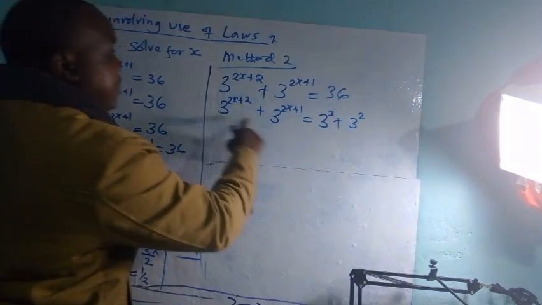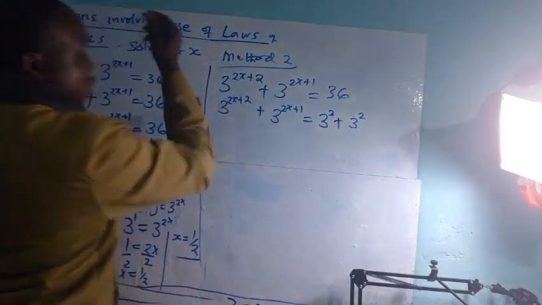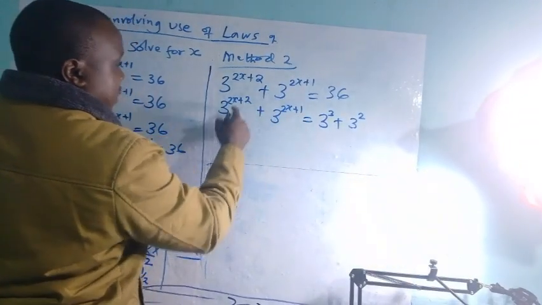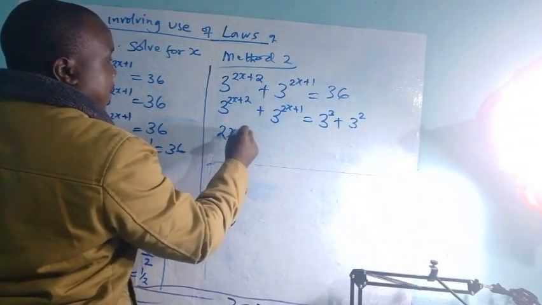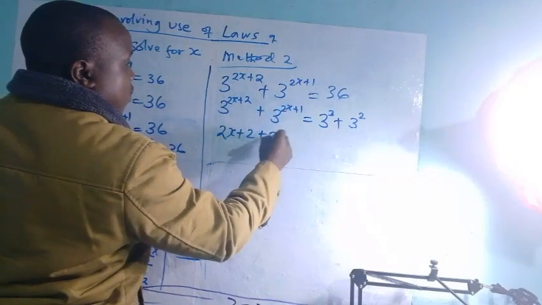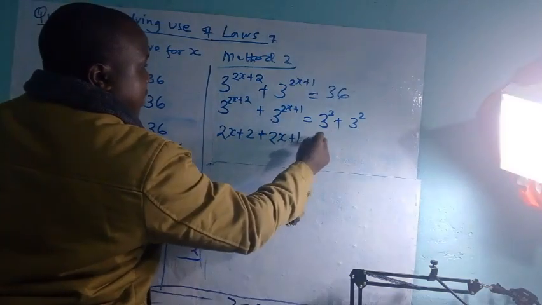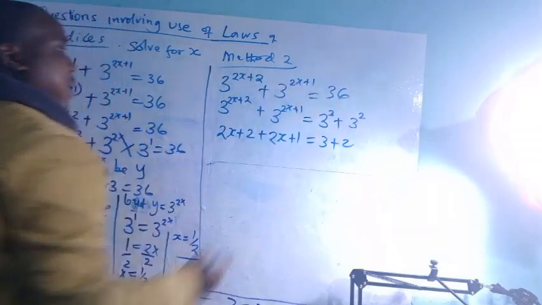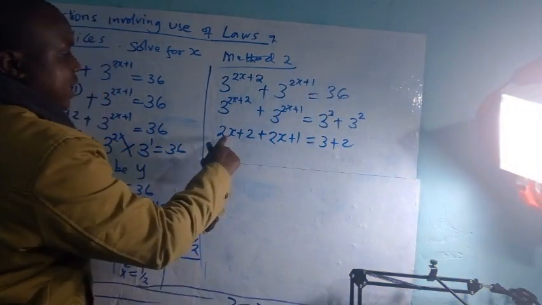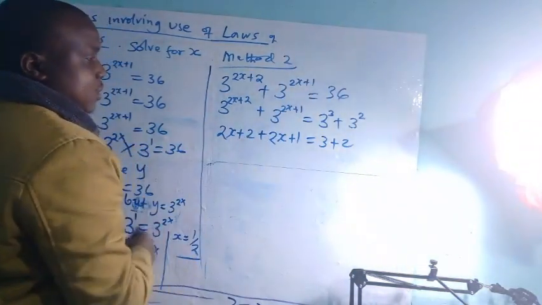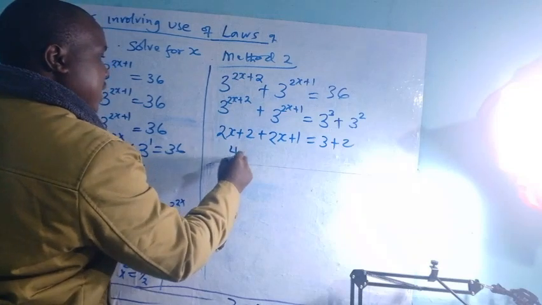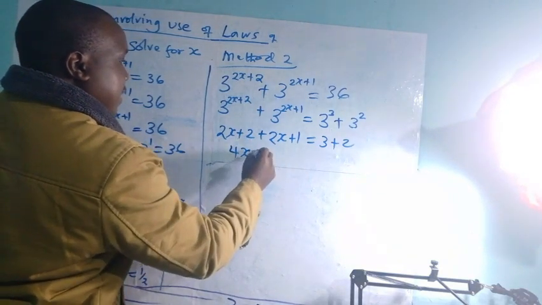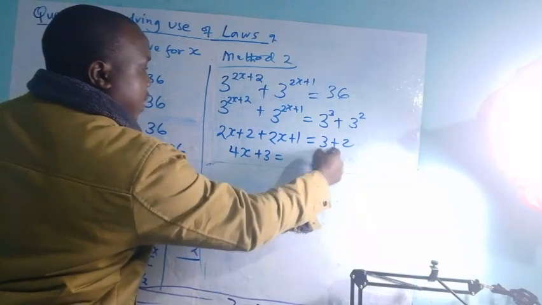Now that the bases are the same, ignore the bases and deal with the powers. So 2x plus 2 plus 2x plus 1 is equal to 3 plus 2. We are dealing with the powers only. Now, like terms together: 2x plus 2x is 4x, and 2 plus 1 is 3, is equal to 5.